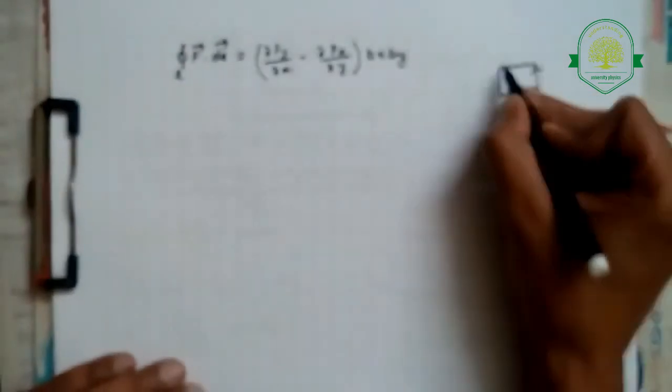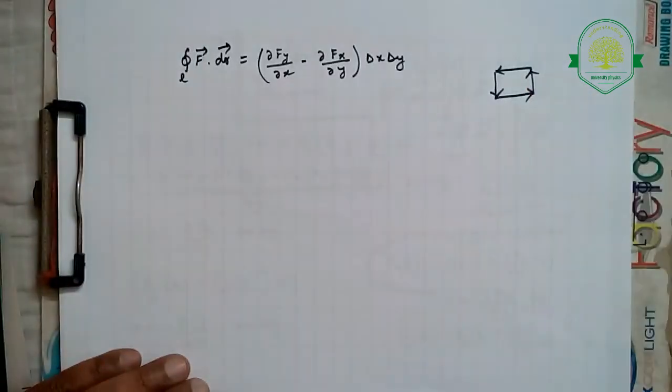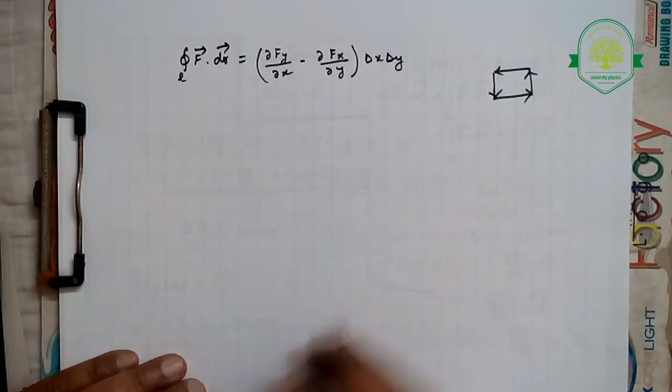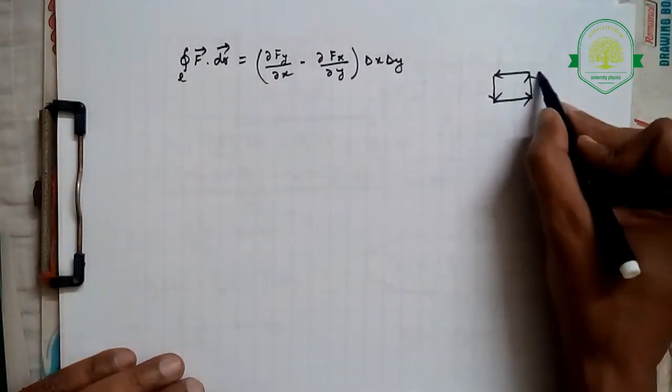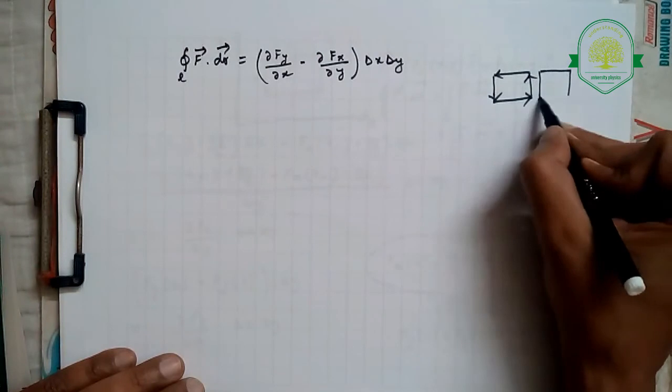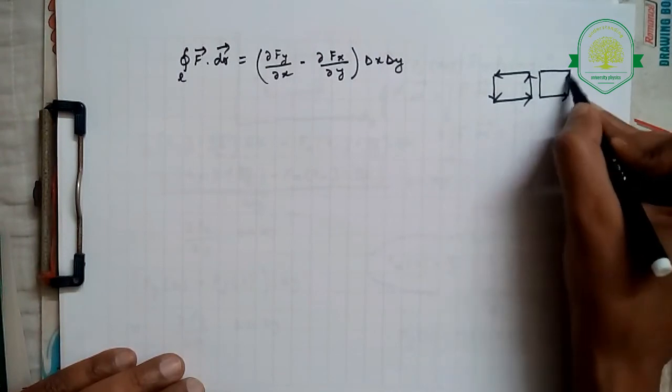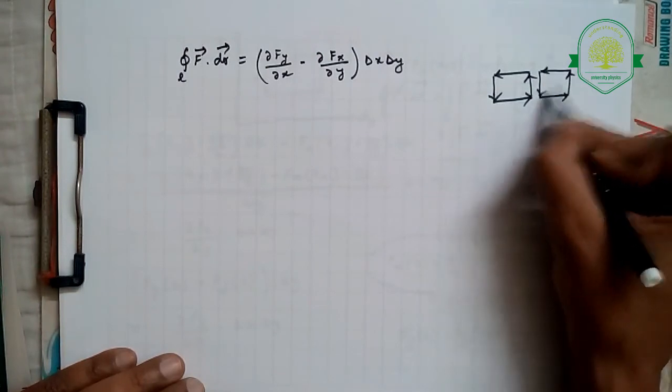This is the small loop. Now if we want to go from this small loop to a bigger loop, then we can assume that that bigger loop is made up of many small loops.